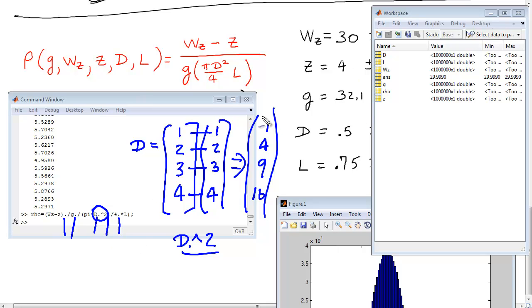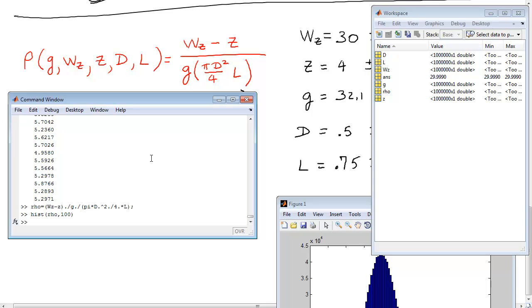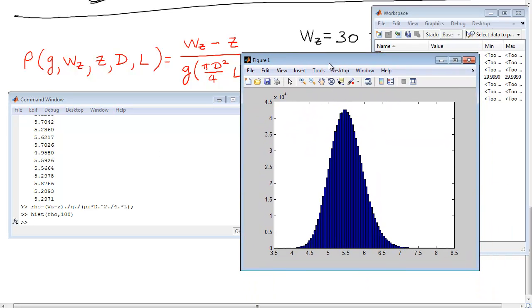But also notice this. I now have a row which has 1,000,000 elements in it. Here is your key. Here's the whole point of what we're doing. Go in here now and do a histogram on row with 100 bins, and what do you get?